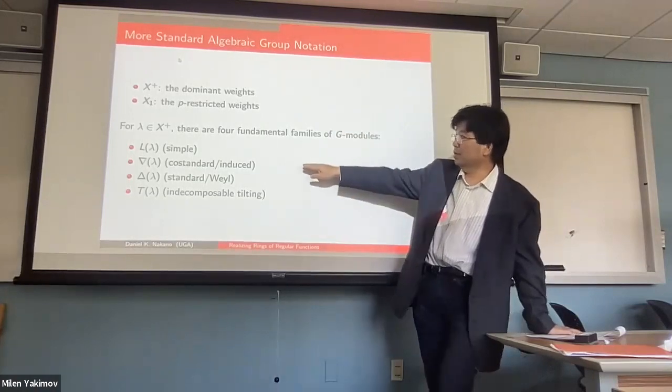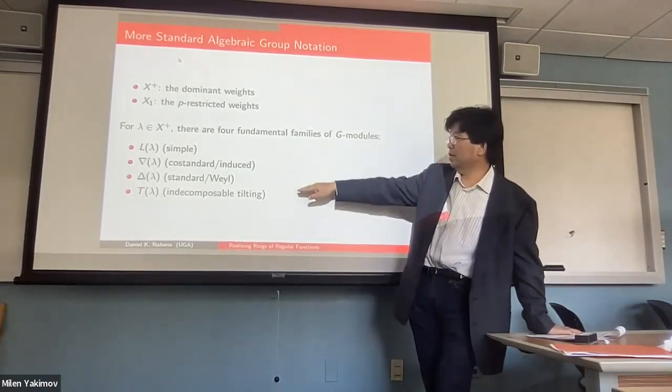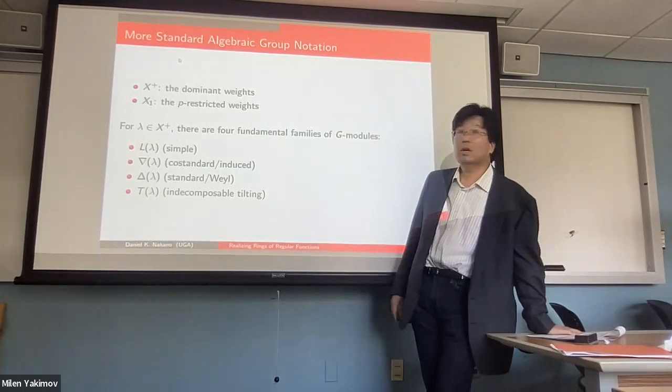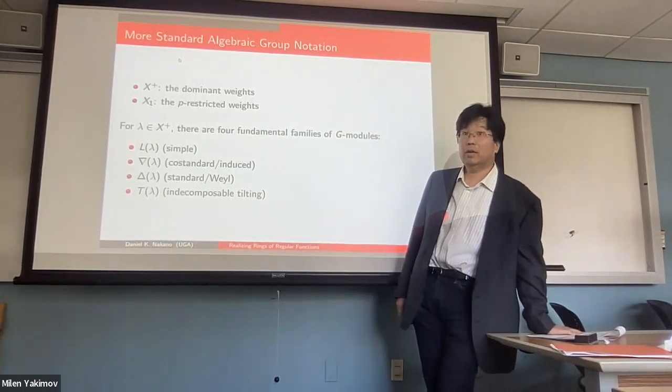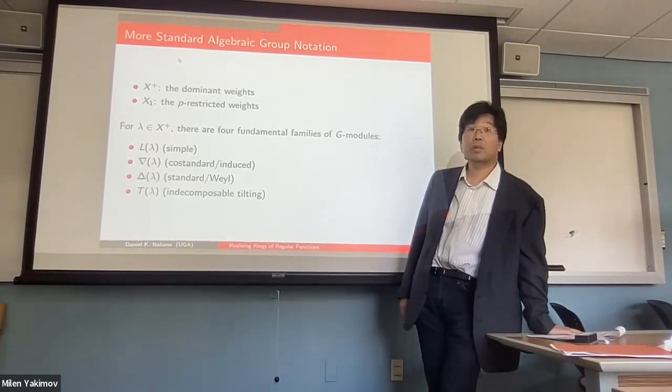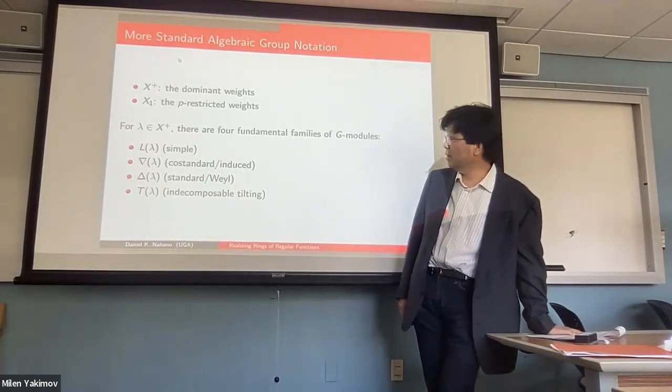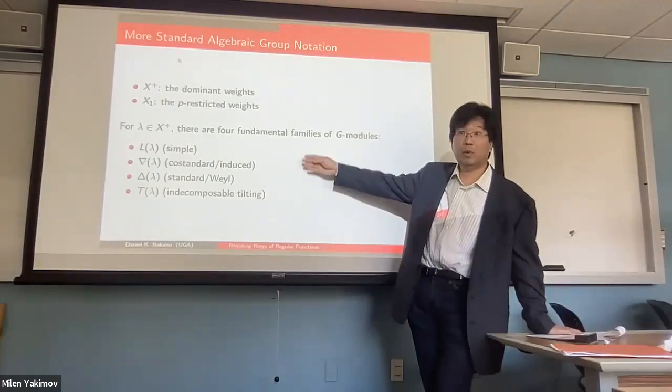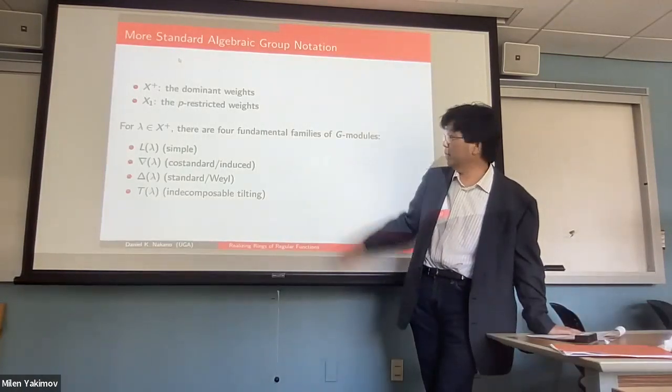The simple modules, the co-standard modules, the standard modules, and the tilting modules are all indexed by dominant weights. Okay, so if you know things about quasi-hereditary algebras and highest weight categories, these are fairly familiar players in the game.